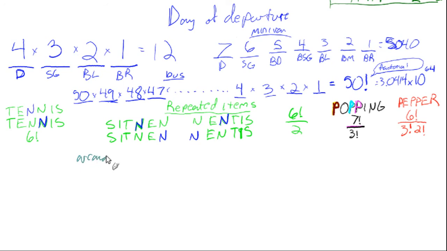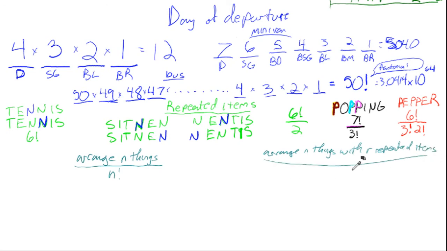If you want to arrange n things, that's n factorial. If you want to arrange n things with r repeated items, we do n factorial over r factorial.